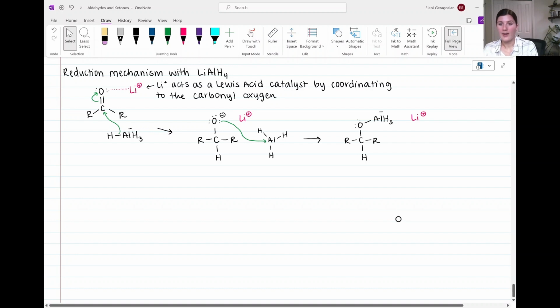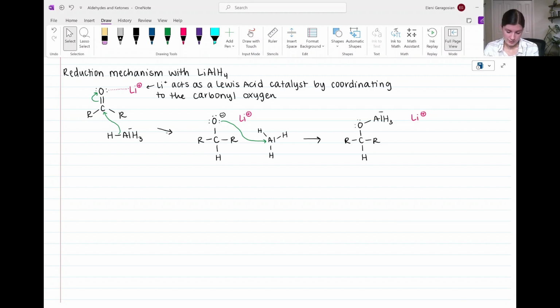And now we again have a negatively charged aluminum with hydrogen atoms bonded to it. These hydrogen atoms can act as hydrides to reduce further aldehydes or ketones present in solution.